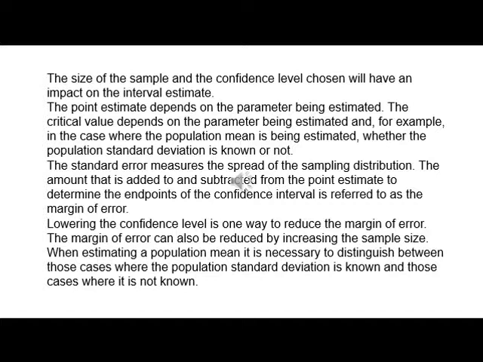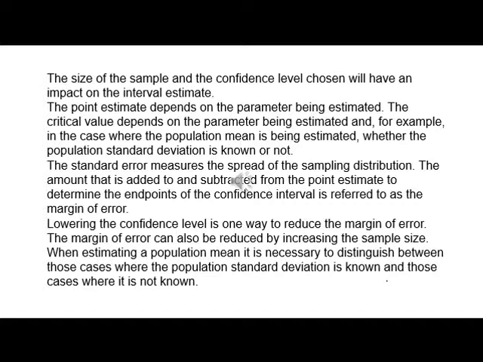The standard error measures the spread of the sampling distribution. The amount that is added to and subtracted from the point estimate to determine the endpoints of the confidence interval is referred to as the margin of error. Lowering the confidence level is one way to reduce the margin of error. The margin of error can also be reduced by increasing the sample size.